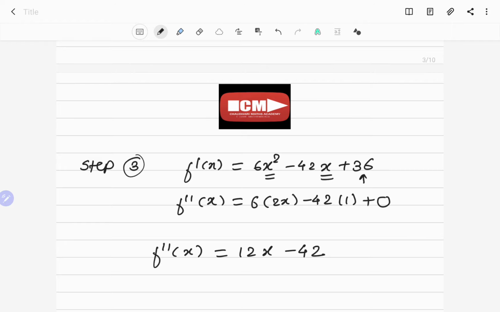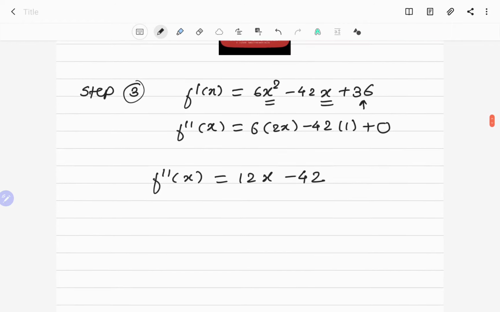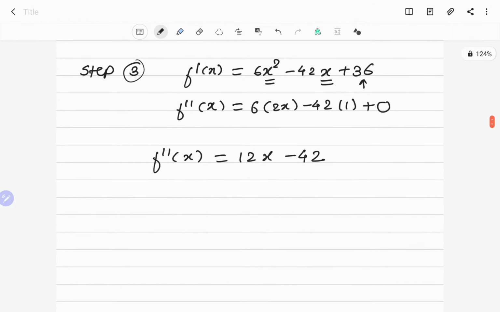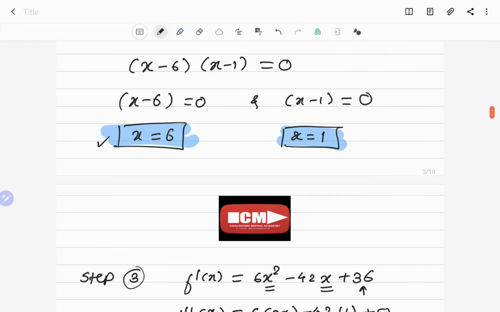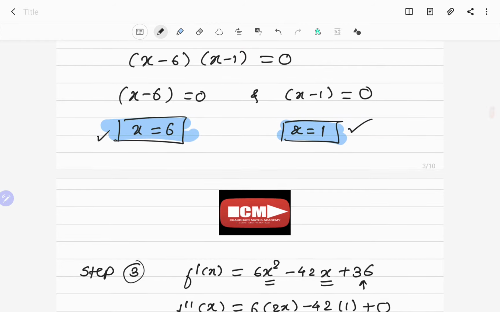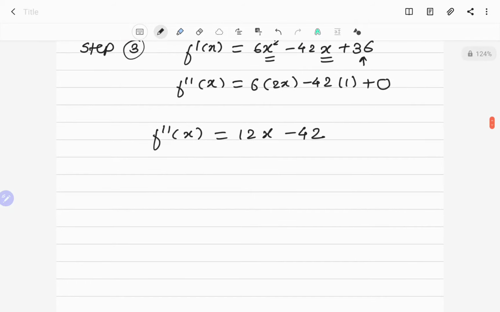So finally we got the second derivative, and as the name suggests, this is called the second derivative test. Once again I am repeating, here the second derivative will decide where exactly maxima and minima occur. So we have 2 values of x. Let's substitute these 2 values in the second derivative.